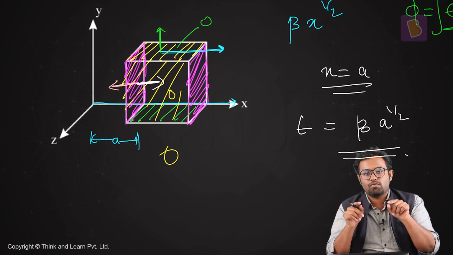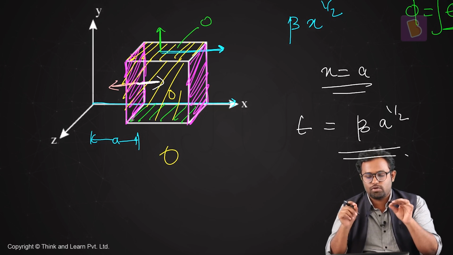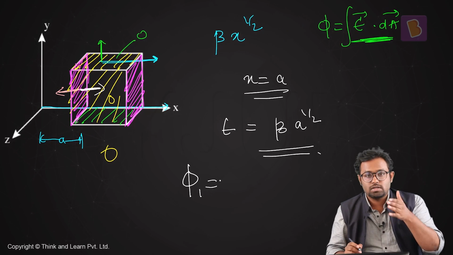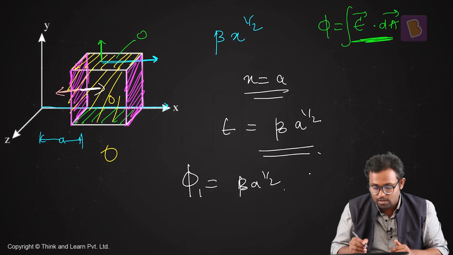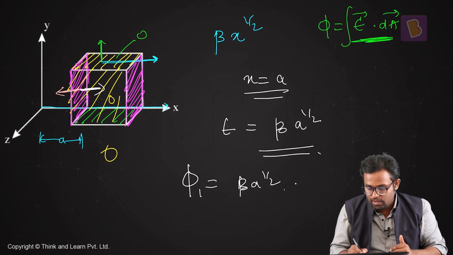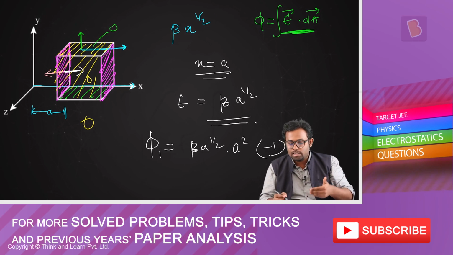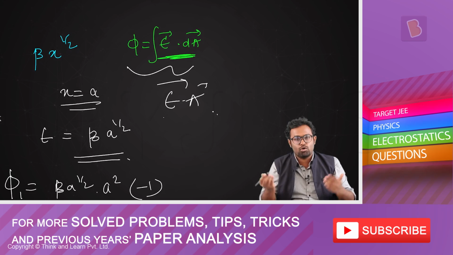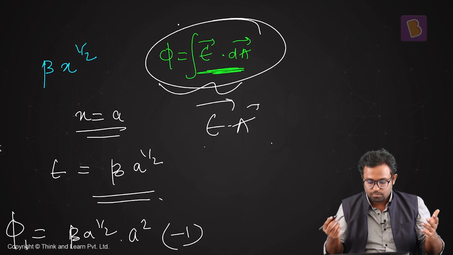So the dot product will give you cos pi, and cos pi is equal to -1. So the flux contribution due to this first side surface will be beta A square, that is the electric field, times the area of the surface, which is A square, times -1. Because the electric field is constant, I reduce this formula to E dot A. Otherwise the general formula is the integral, you have to remember that.